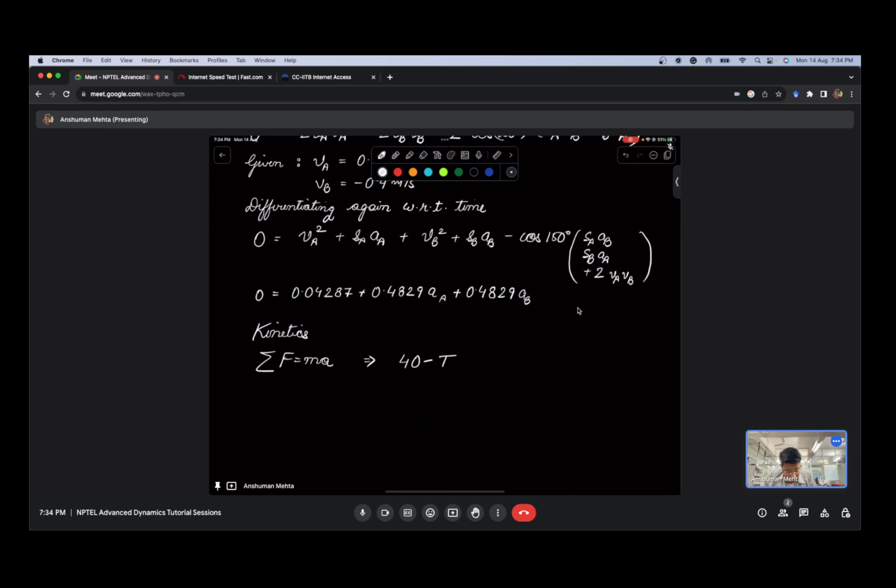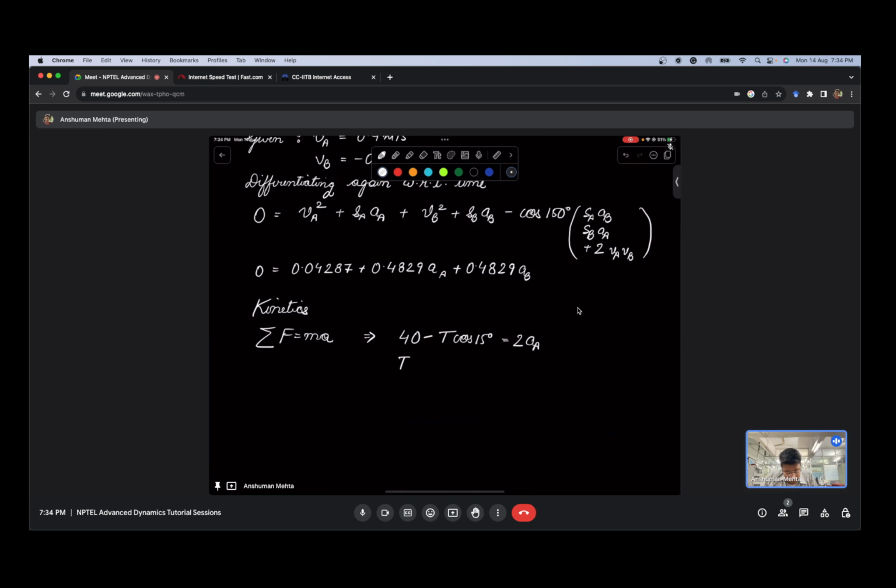T minus T cos 15 degree is equal to 2 A of A, and T minus T cos 15 degree is equal to 3 A of B, and we are putting this into 1.